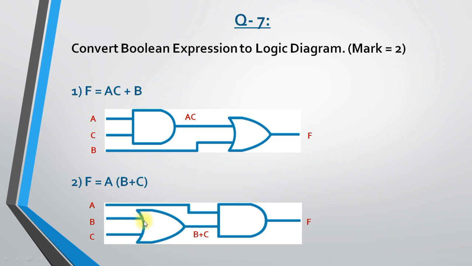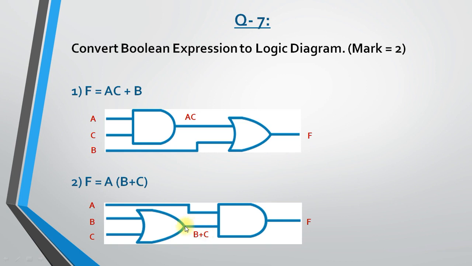So you need to draw the OR gate over here, and as input I need to pass 2 values, related with the variables B and C. After passing the values of B and C into the OR gate, I will get the value of B plus C over here.